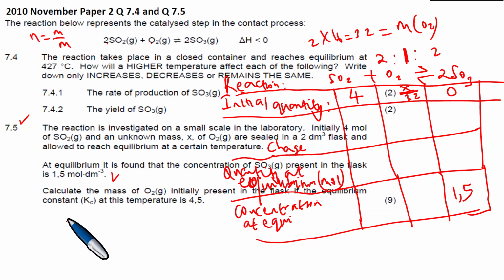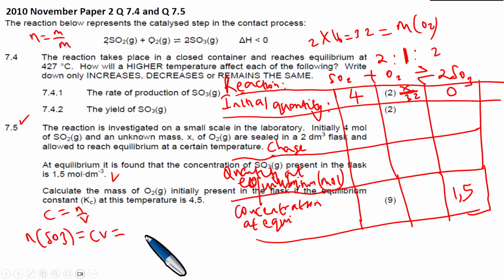We say concentration is number of moles on volume. We want the number of moles of SO3, so the number of moles of SO3 is concentration times volume. What is the concentration here? 1,5.